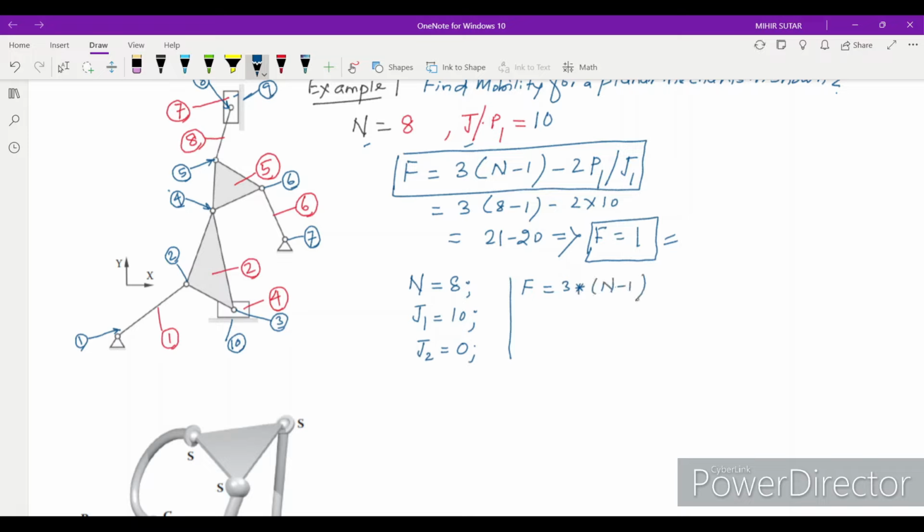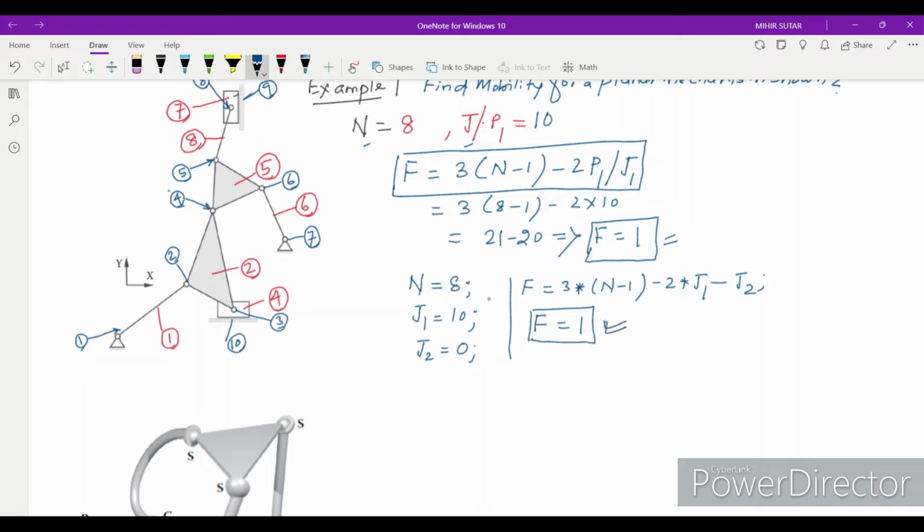You'll give this input to MATLAB. Then MATLAB will compute the mobility as F is equal to 1.